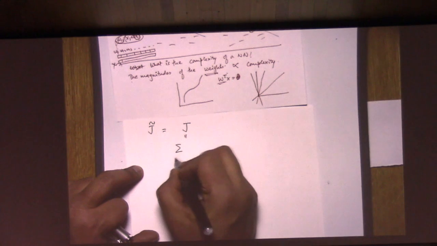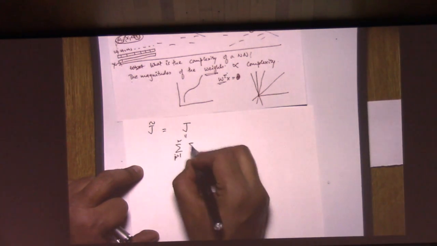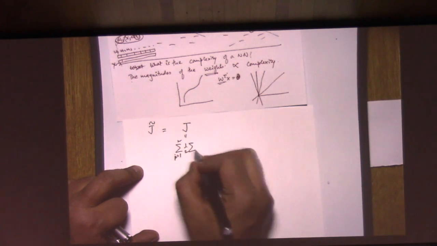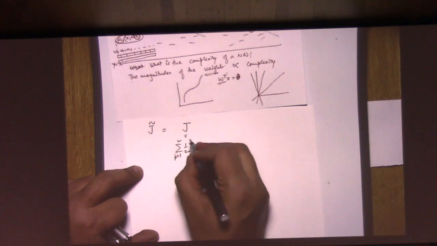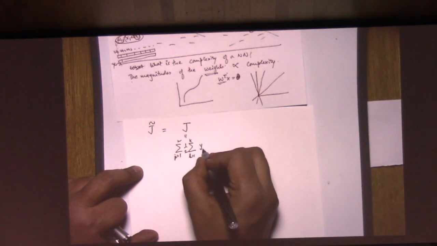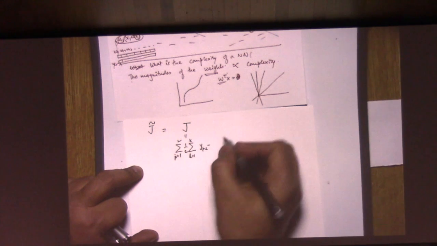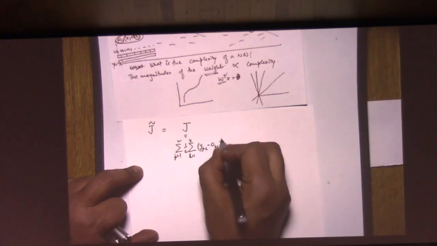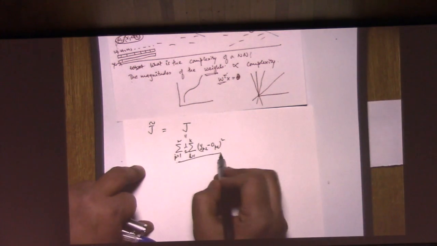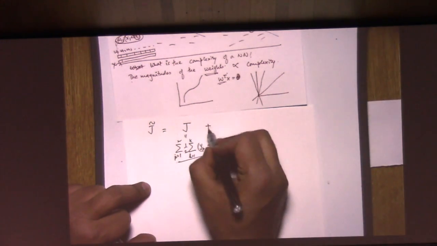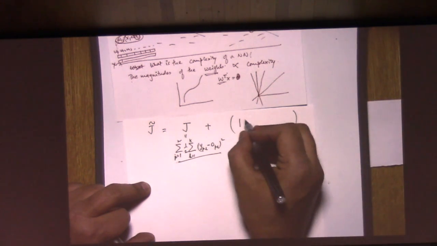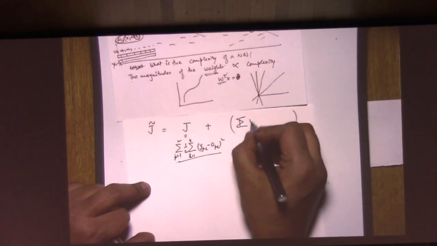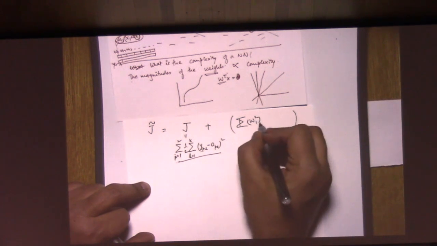So this is the sum over p equal to 1 through n, half the sum over L equal to 1 through k, (y_pL minus o_pL) whole square, right? So this was the training error, right? But we add another part here, which is essentially the summation of squares of all weights.